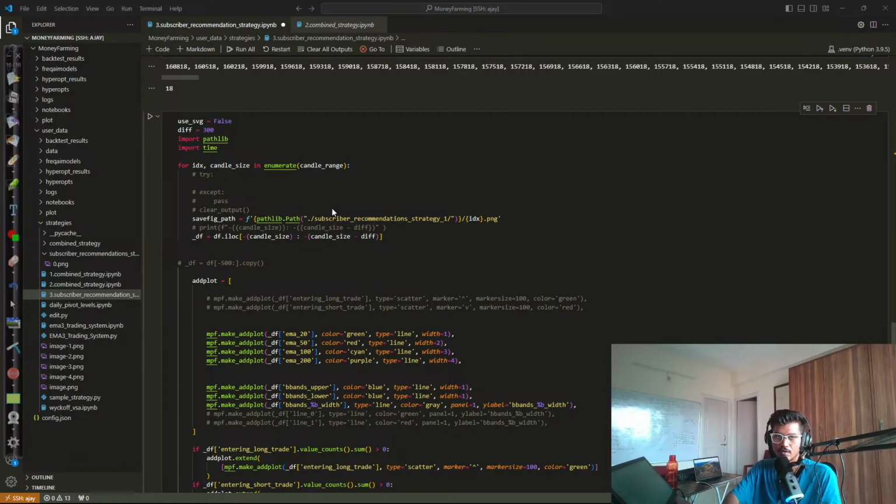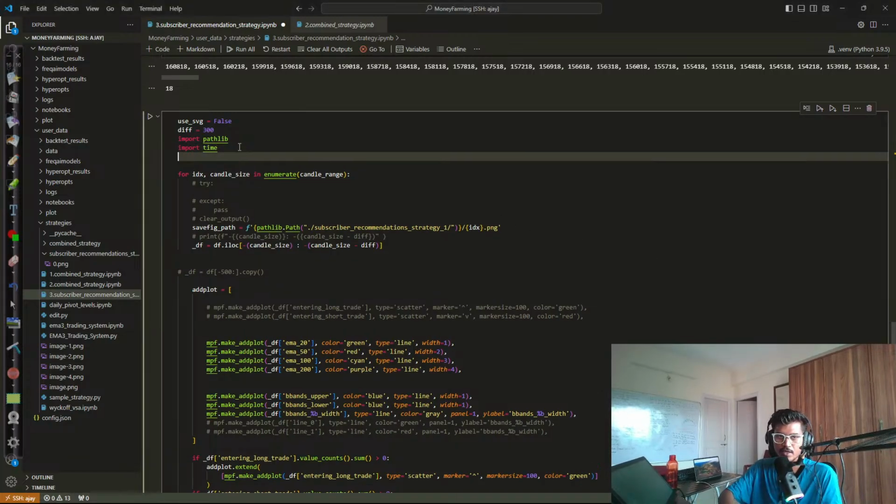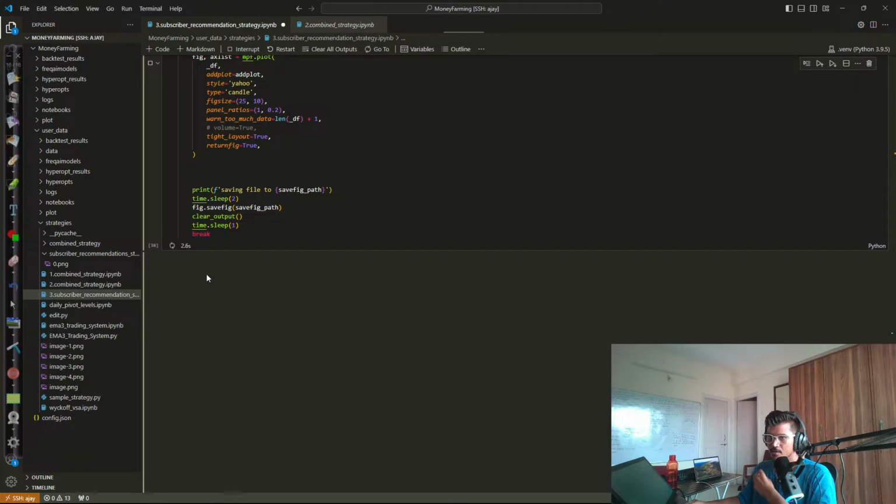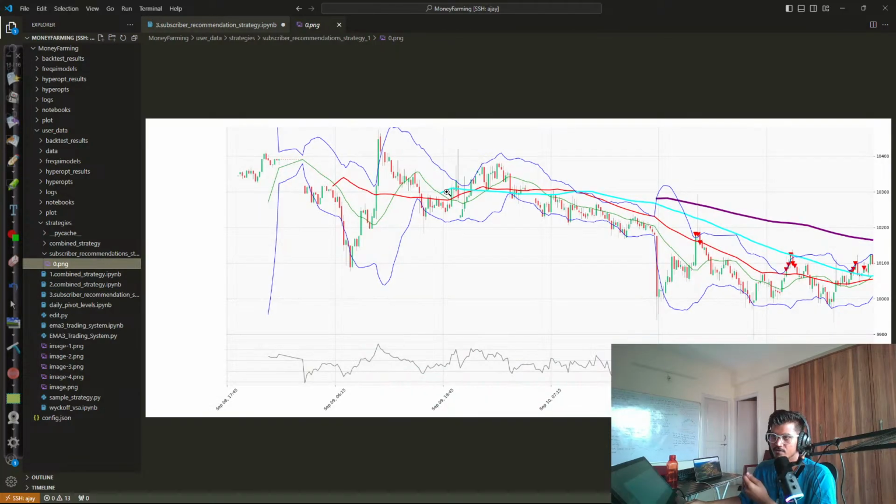Import clear output from IPython. So it's from IPython.display import clear_output. So we did that and we got our first image.